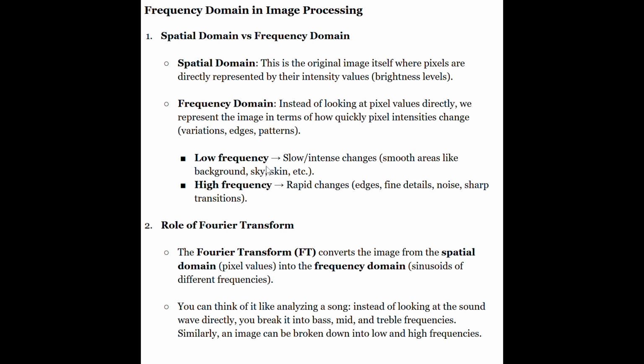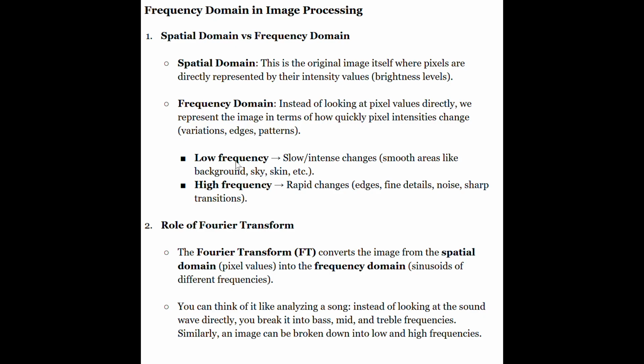Here in the frequency domain, there are two terms, low frequency and high frequency. Low frequency is nothing but the slower changes or low intensity changes from smooth areas like sky or skin. The intensity changes are very slow. You can't find a drastic change.